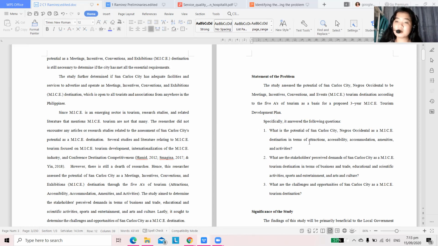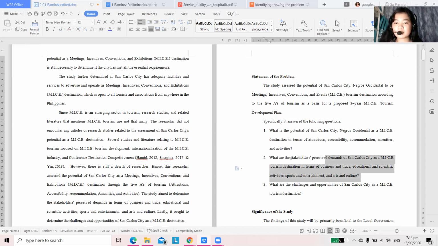Does San Carlos City have the potential when it comes to attractions, accessibility, accommodation, amenities, and activities? Knowing that, of course, you need all of these 5 A's to become a very good tourist destination. What are the tourist demands when it comes to business and trade, educational and scientific, sports and entertainment, arts and culture?